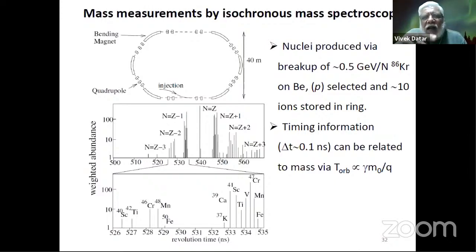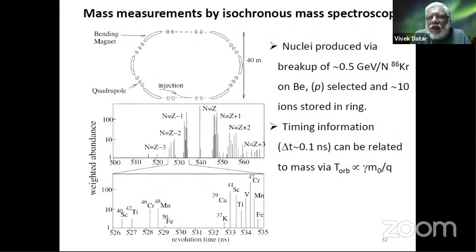You have these ions stored in a ring. This is an experiment done, for instance, at GSI, but there are other places where such a technique is also used. There's another one in China which does it. And basically what you do is you look at the time information as these circulate around the storage ring.